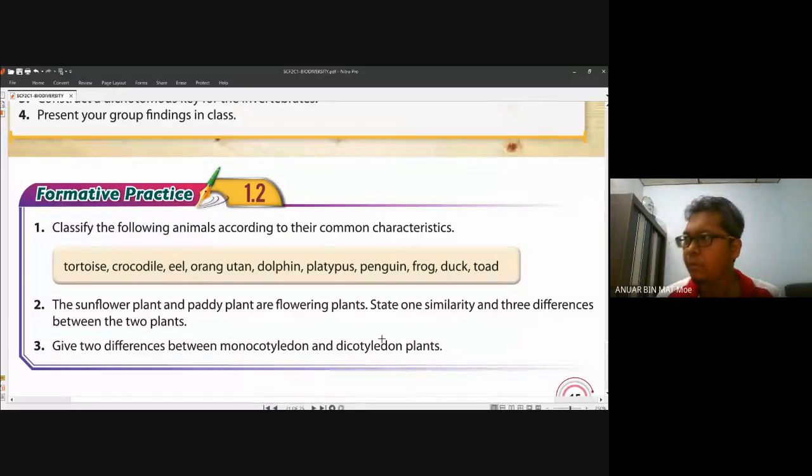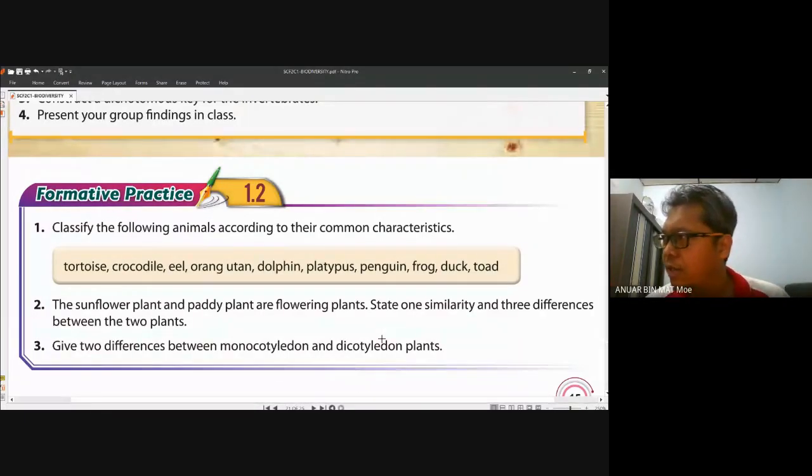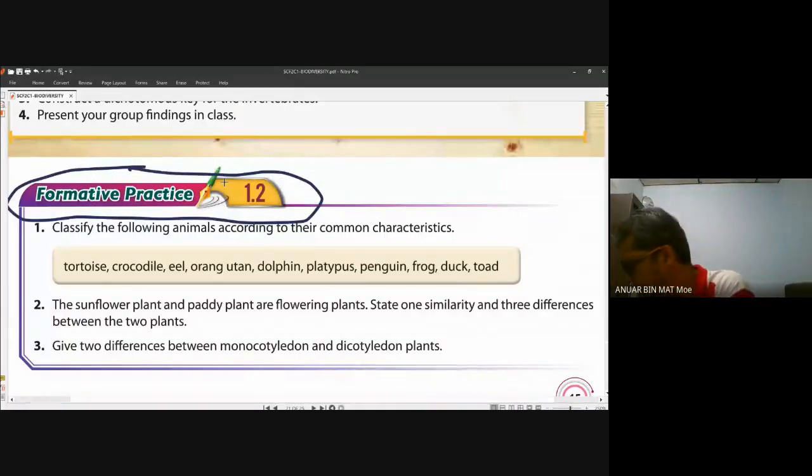Like usual, the homework for today is to finish the formative practice 1.2 in your exercise book, and then continue on your workbook.